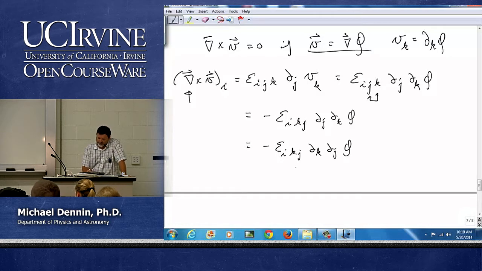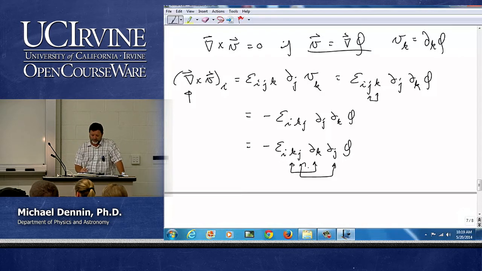But now, these are just dummy indices. They get summed over. They can be any letter I want. So here's the trick. This is the hard thing to conceptualize about index notation. This is minus epsilon ijk, dj, dk of phi.